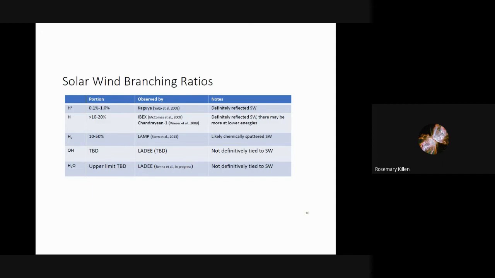I'm not sure when this was published, but for the OH and H2O, they said it was not definitely tied to the solar wind, but I think more recently it's been shown that there are pathways to derive OH and H2O from the solar wind. But I think that it's still a matter of debate. So next slide.